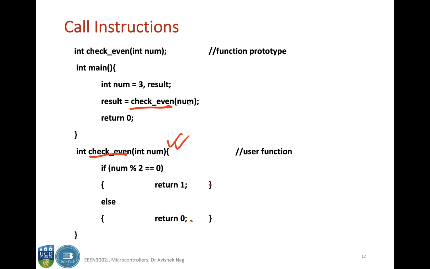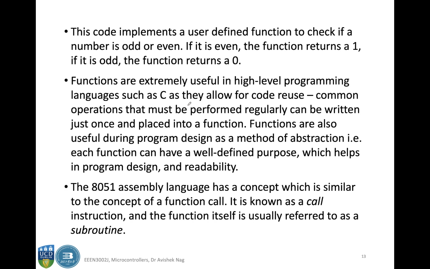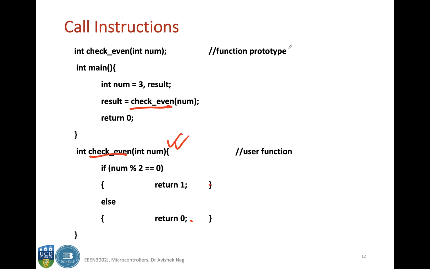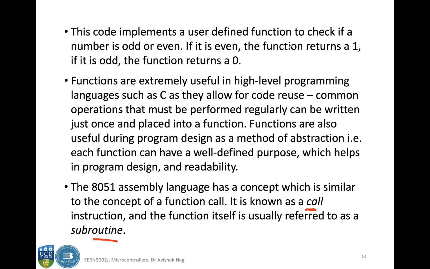Okay, so the same concept can be extended in case of your assembly language coding. So in assembly language coding you use a call instruction, okay, to call a subroutine. So the function that is there in your C coding concepts is there in your assembly language coding also.